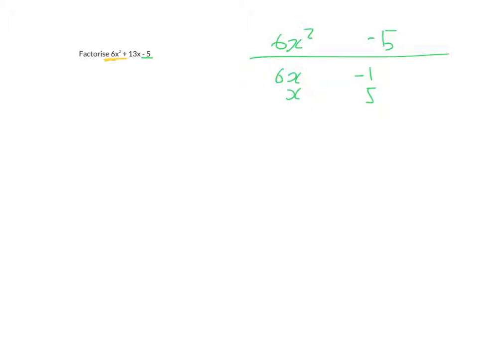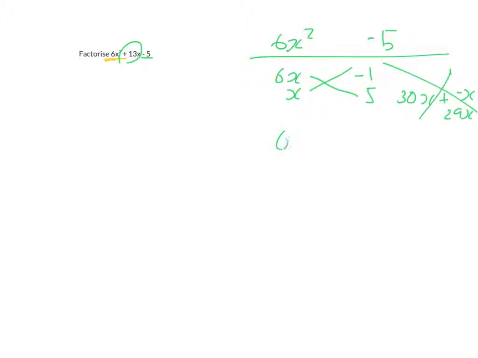So I'm just going to try these for now. We'll do a little cross multiply. So 6x times by 5 is 30x, plus negative 1 by x is negative x. That's going to give us 29x. We're comparing it with the middle term here, 13x. That's no good. So I'm going to try another one.